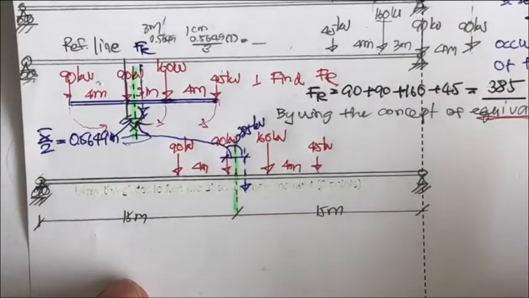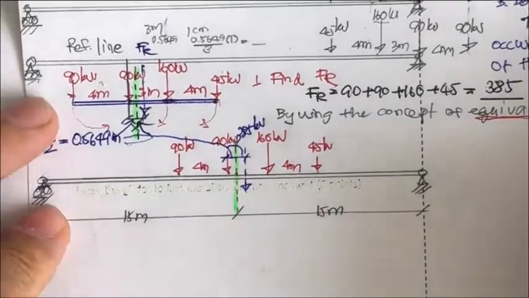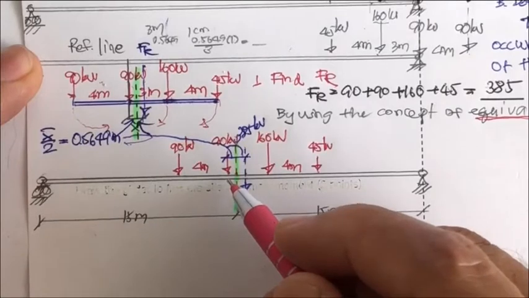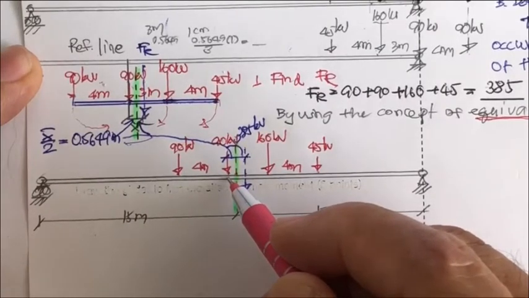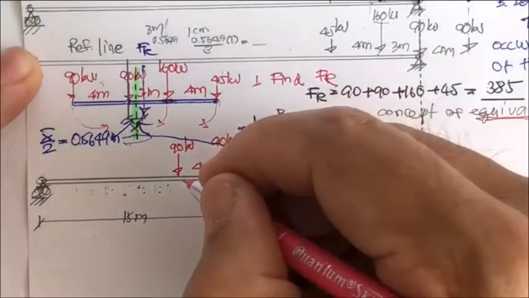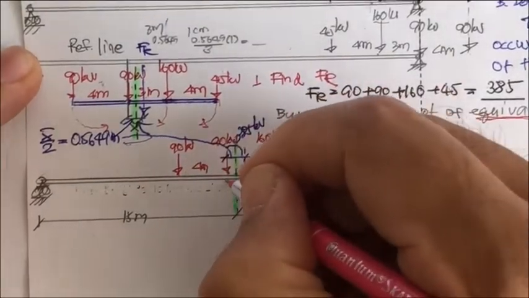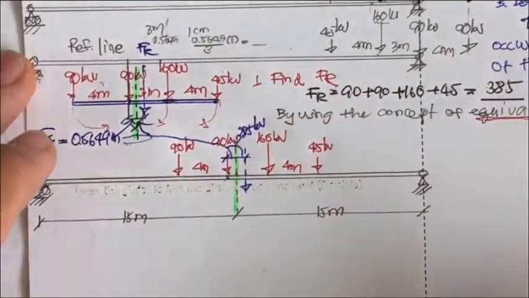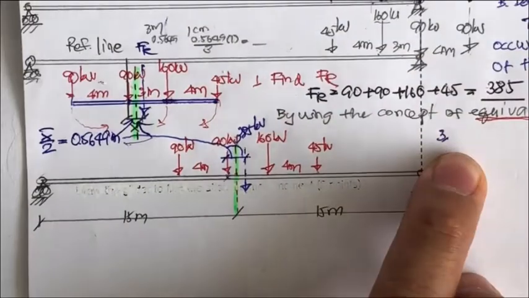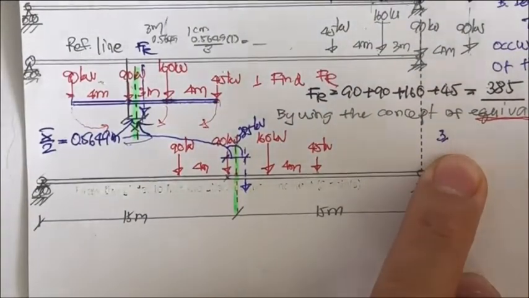Okay, and now by the lecture, the absolute maximum moment will occur underneath the wheel load that's closest to the midspan of the beam. So for case one, we will find the M max here. Third, loading pattern one.